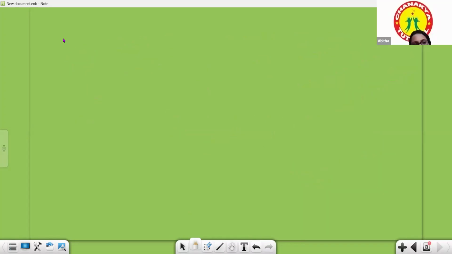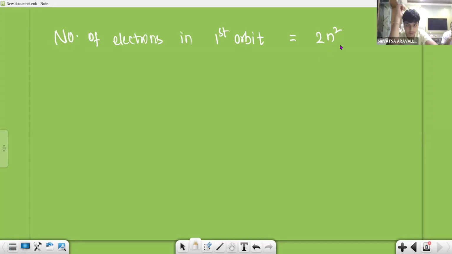Let's say if I ask you the number of electrons present in the first orbit. Which formula did I tell you to memorize? 2n squared, two into n square.